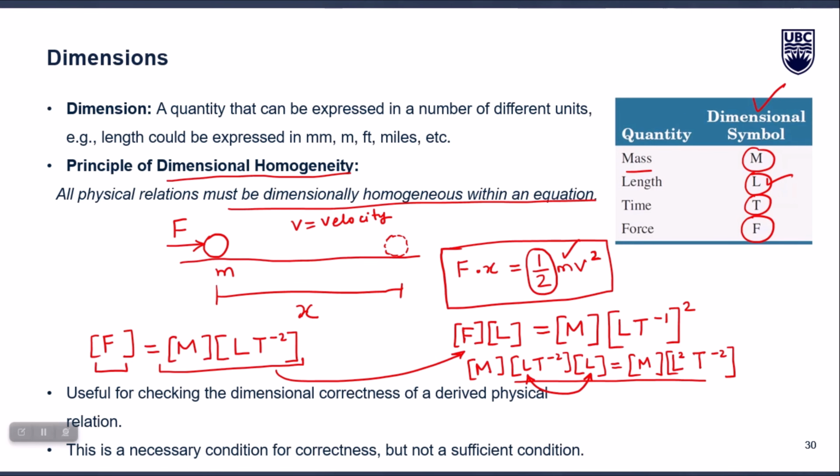So this equation is dimensionally homogeneous, but again I would say that this is not the only condition to check. It is not a sufficient condition for an equation to be correct. It is one of the many conditions which that equation should satisfy, right?